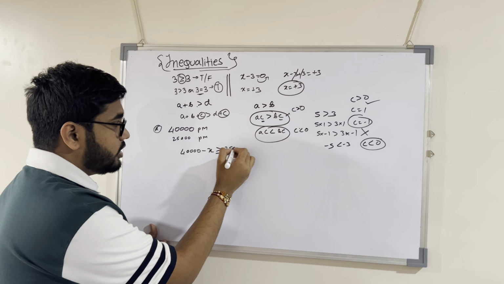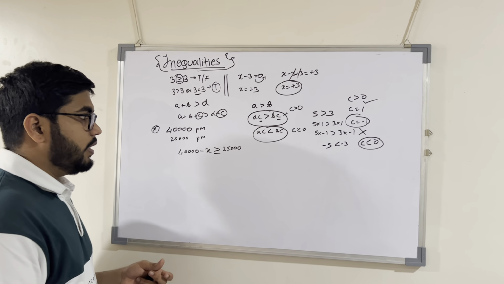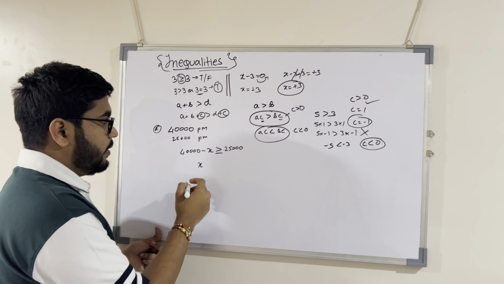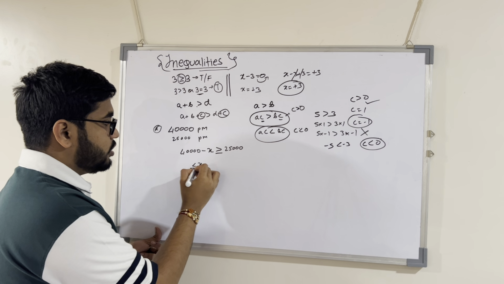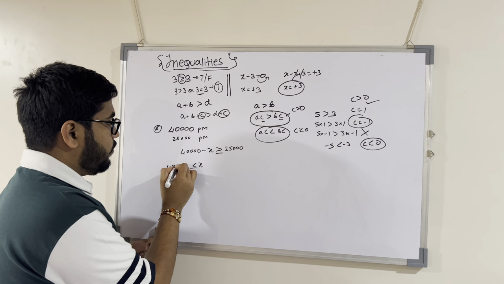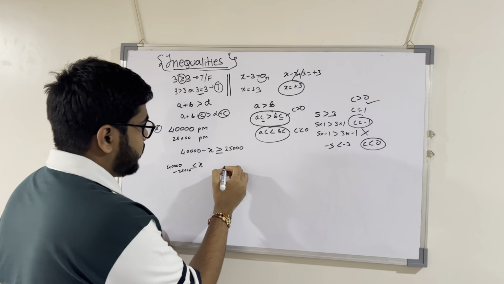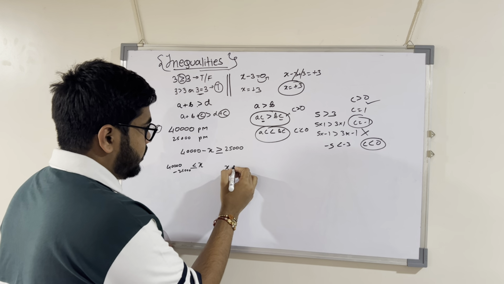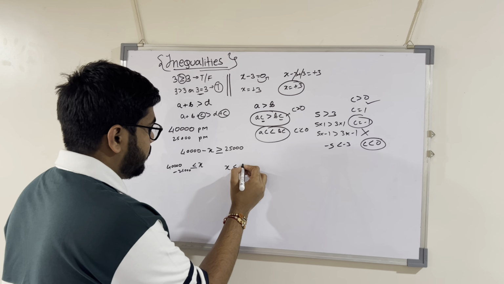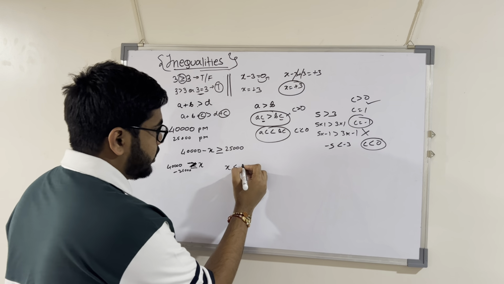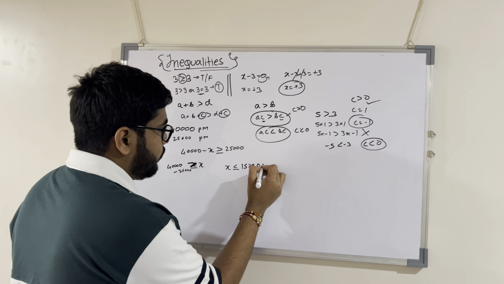I will save at least 25k per month, right? So x has to be less than or equal to 40,000 minus 25,000. That is, x must be less than or equal to 15k.